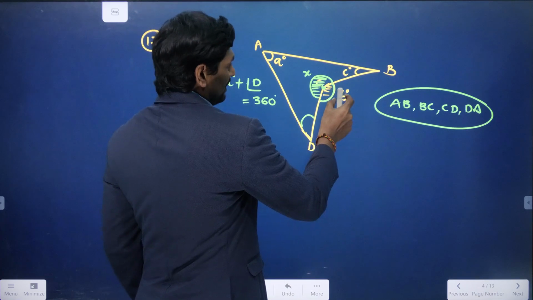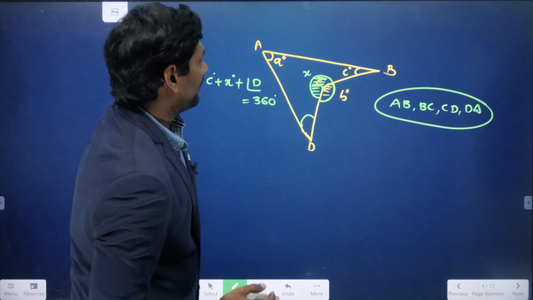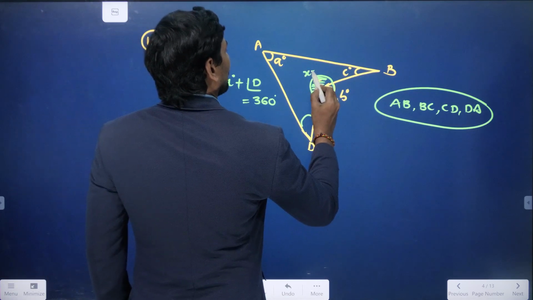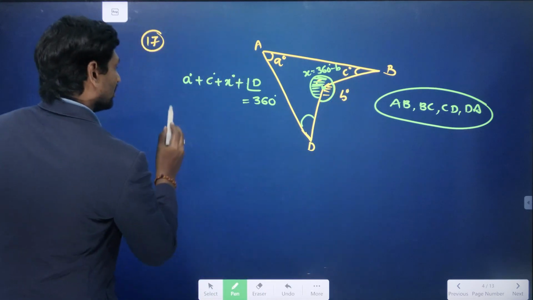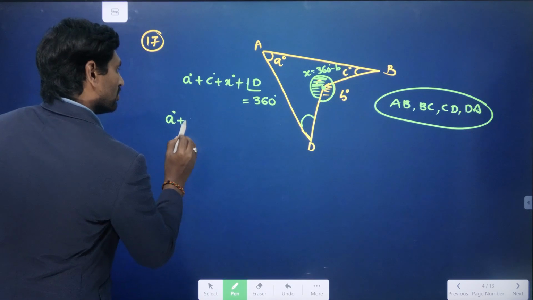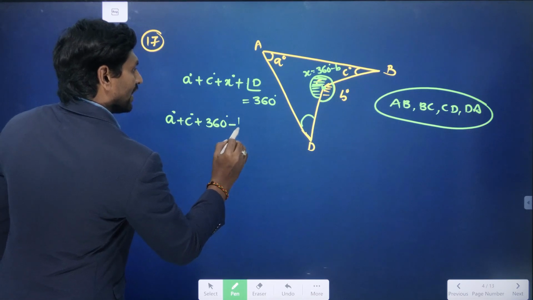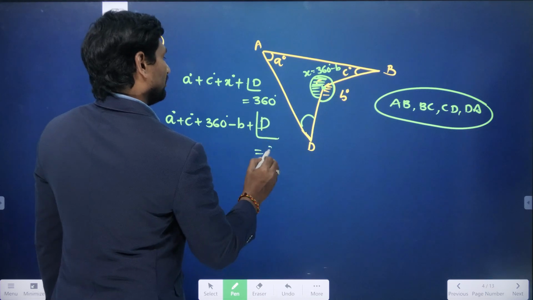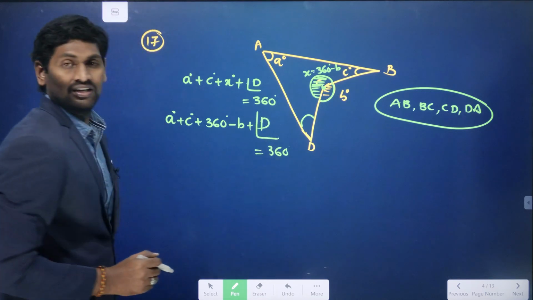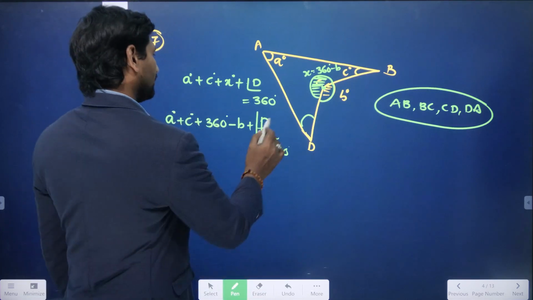If B is an angle, its reflex angle is nothing but 360 minus B. That means I can take the X value as 360 minus B. Okay? So in the next step, in the place of X, I can write 360 minus B, plus the required angle D, equals 360 degrees. So I am transposing every term to that side except D.